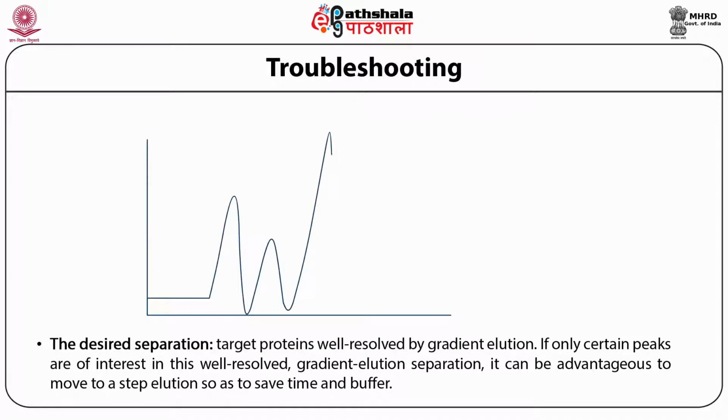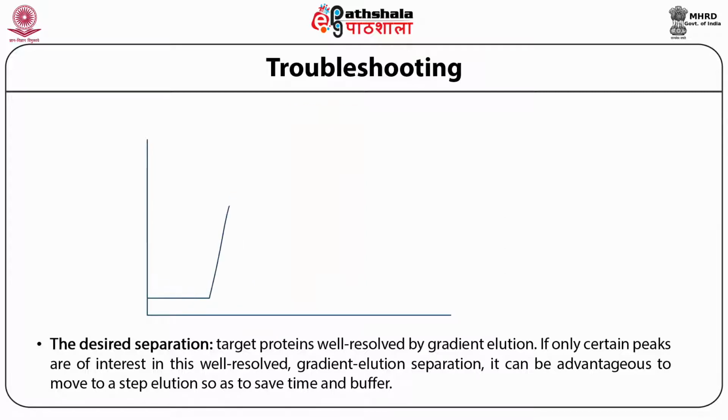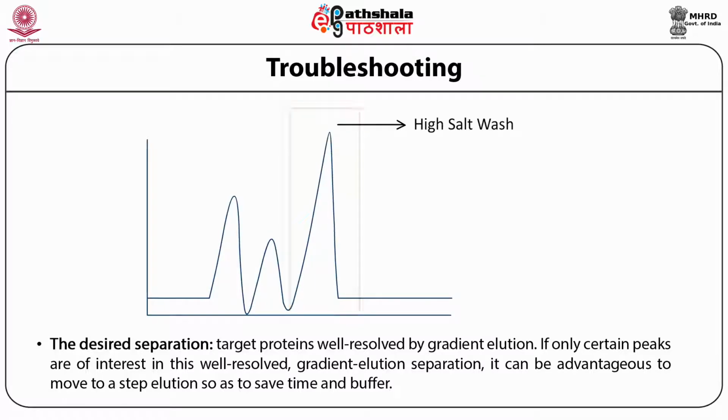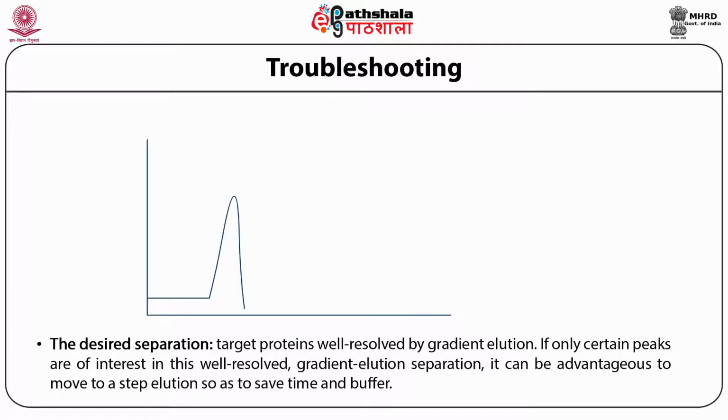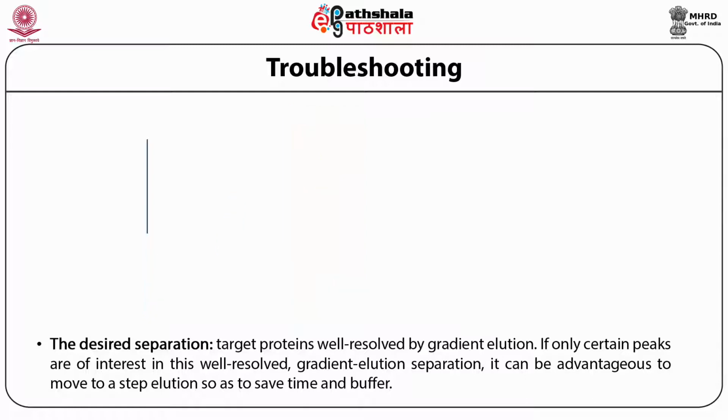That means the target proteins, although very well resolved by the gradient elution, as can be seen in the figure, only certain peaks are of interest in this well resolved gradient elution separation. Then it can be advantageous to go for a step elution so that we can save on time and buffer.